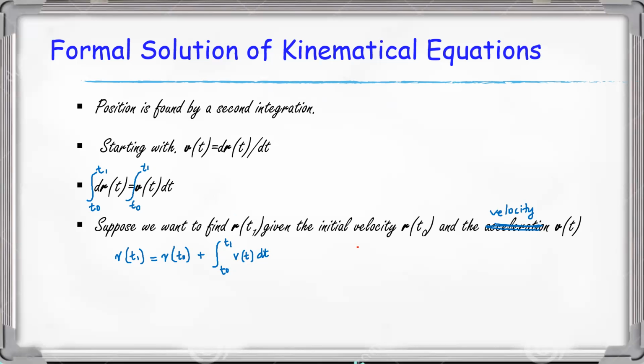If you want an expression for position at an arbitrary time t, it can be expressed as r of t equal to r0 plus the integral from t0 to t of v of t dash dt dash.